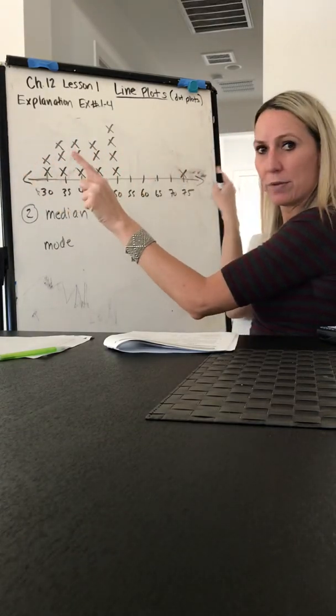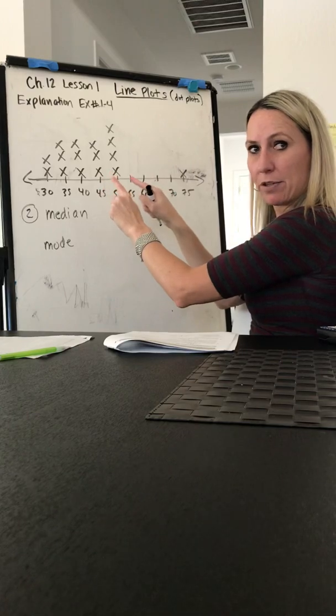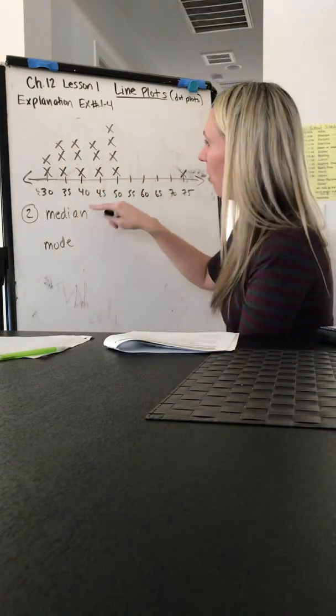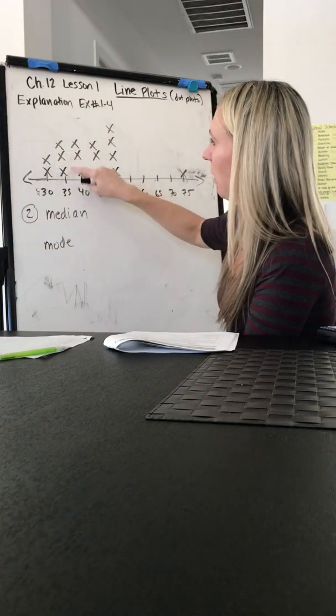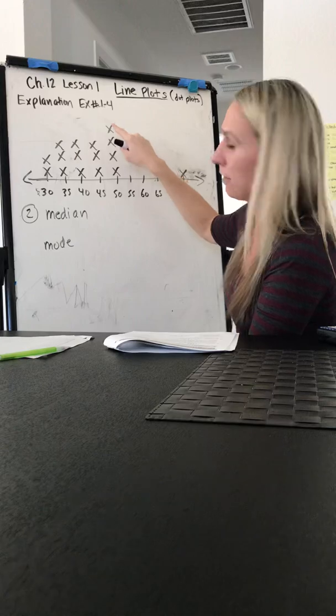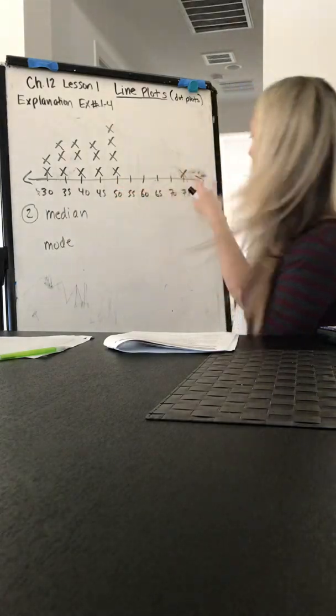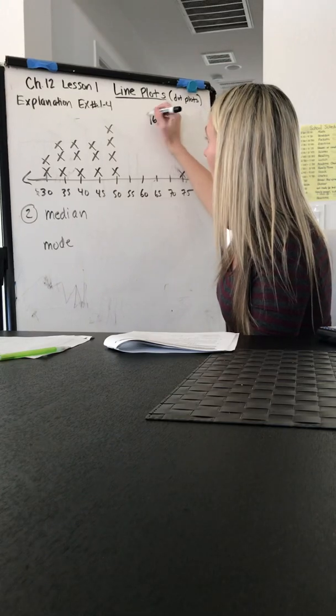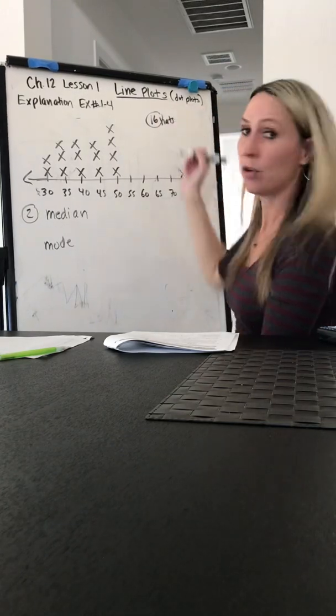But we're just gonna do this with our fingers to find the middle, or the median. So there are 1, 2, 3, 4, 5, 6, 7, 8, 9, 10, 11, 12, 13, 14, 15, and then this one, 16. So there's 16 hats total.